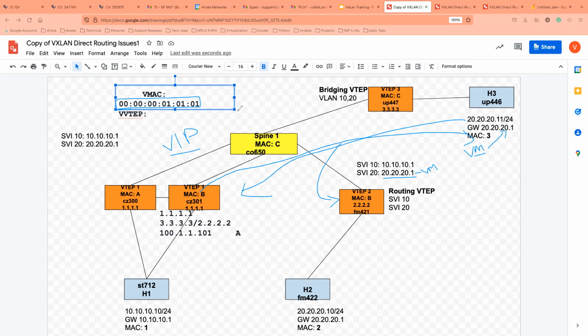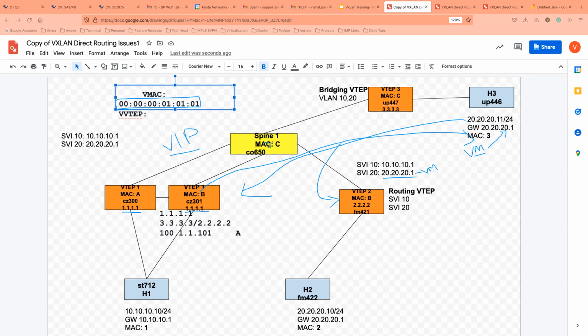One question. Before we configure VMAC, VTEP 1 with MAC A and MAC B, that's an MLAG pair, right? If the ARP is coming from H3, it will go to both of them, right? No. See, the VTEP IP for both of them is 1.1.1.1, right?